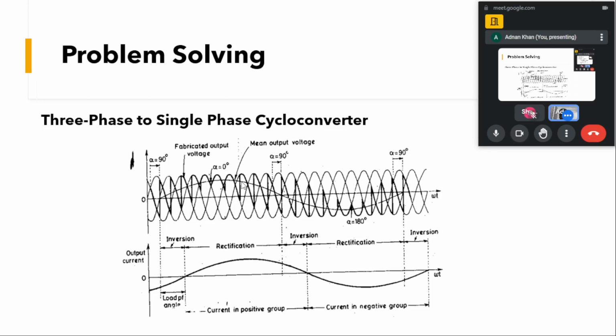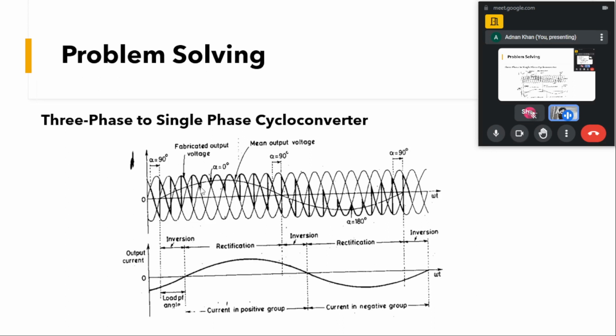Over this waveform with the three-phase input voltages, this is the actual output voltage that gets fabricated. You can see how my cursor is moving; depending upon our alpha, this will change.